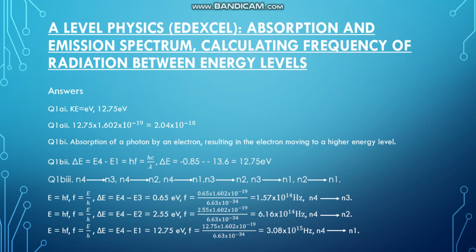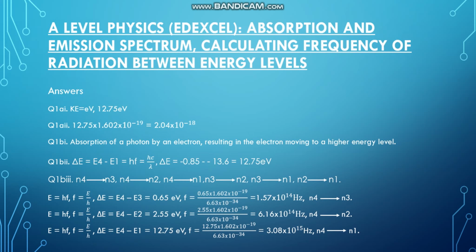I then convert those electron volts into joules by multiplying by 1.602 times 10 to the minus 19. I then divide that by Planck's constant, which is 6.63 times 10 to the negative 34. And I end up with a value of 1.57 times 10 to the 14 hertz for the frequency. That is the frequency of radiation emitted from the fourth to the third energy level.